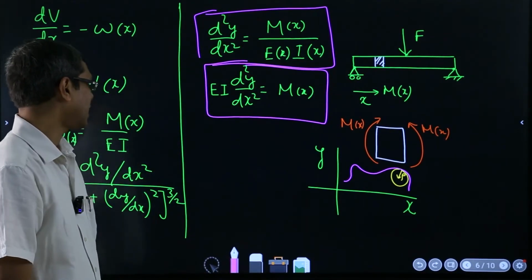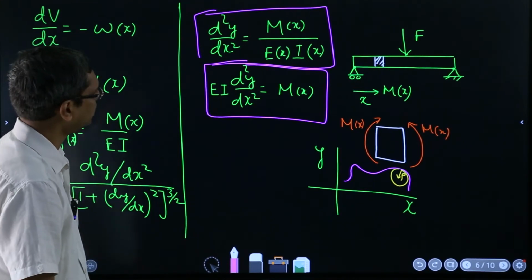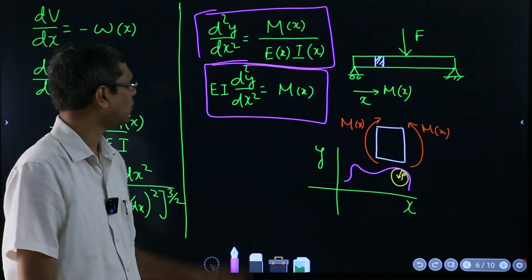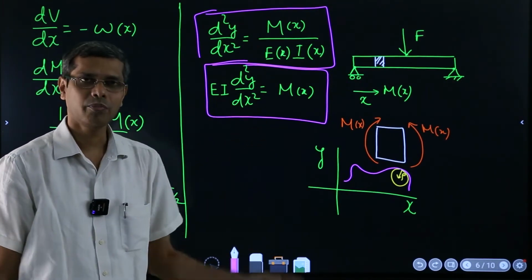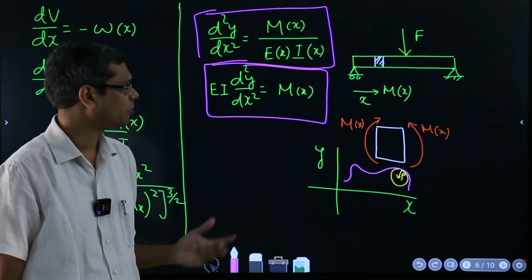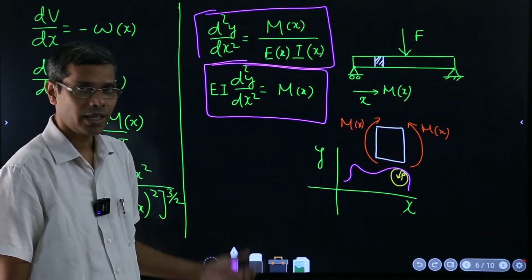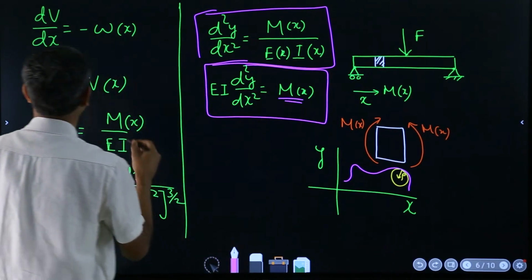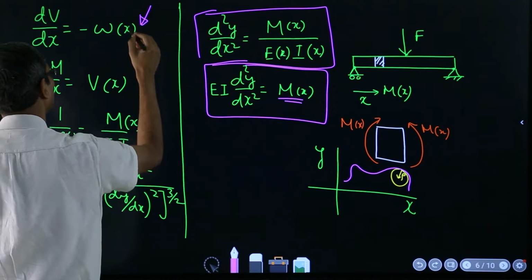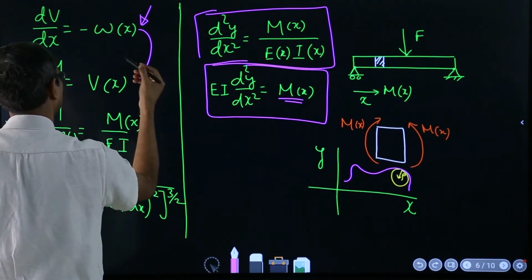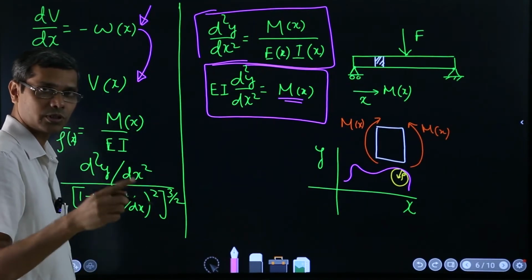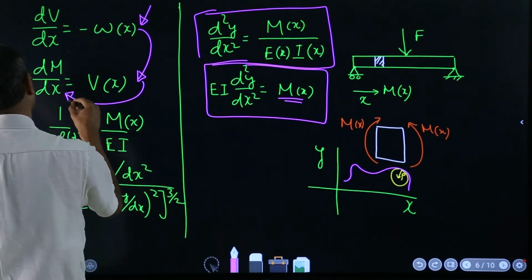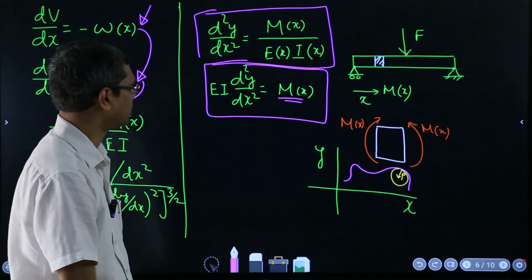Now if you solve this differential equation, you can figure out y as a function of x, which is nothing but the deflection curve of the beam under this particular load. The load you applied results in some shear force which varies in some particular fashion, and that tells you how the bending moment varies with respect to x.